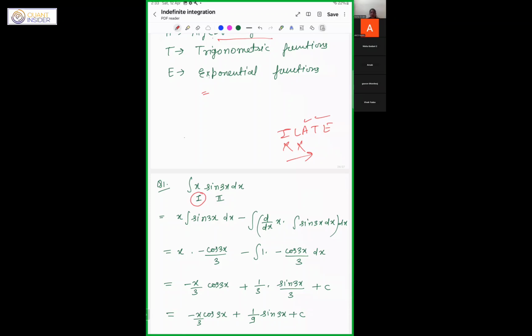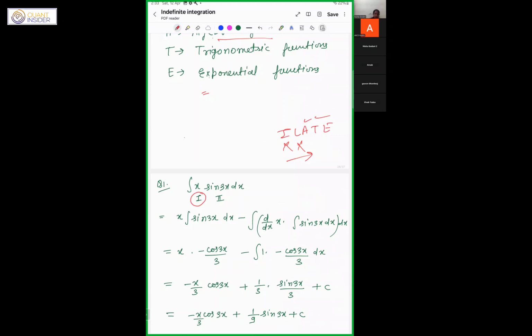So this ILATE rule helps us to choose the first function. There was no inverse trigonometric function, no logarithmic function, there was an algebraic function, and the algebraic function is x. That is why it is taken as the first function. So if it is the first function, the next function sin 3x will be the second function.